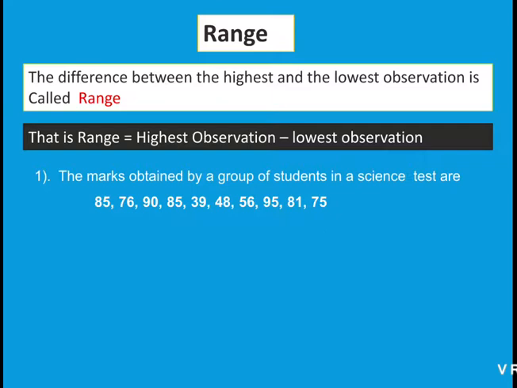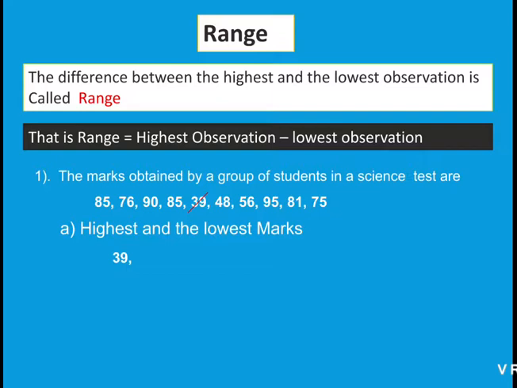After this question, a very easy method is first we arrange these numbers in ascending order. Ascending order means starting from smaller and ending at bigger number. We have a question: highest and lowest mark. That means we find the highest mark and lowest mark.